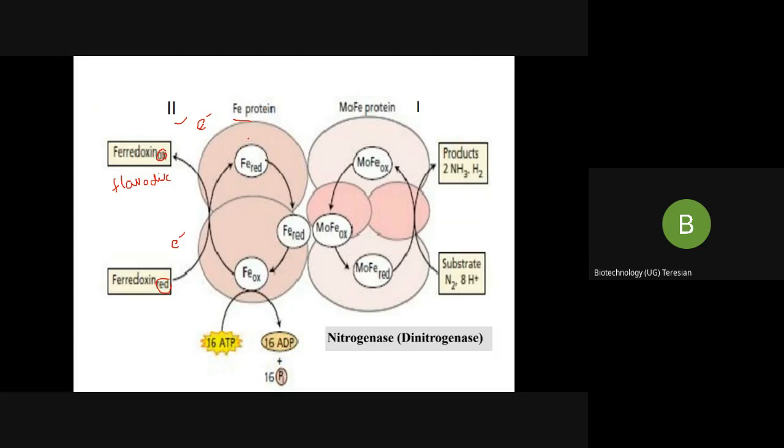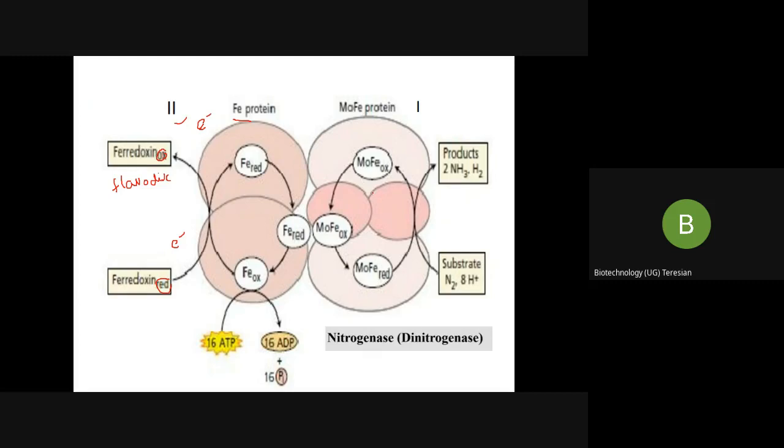So there are electrons continuously flowing, and simultaneously ATP hydrolysis occurs. Now what happens? Such repeated electron transfer in this region results in a pool of electrons. A lot of electrons are being generated here.